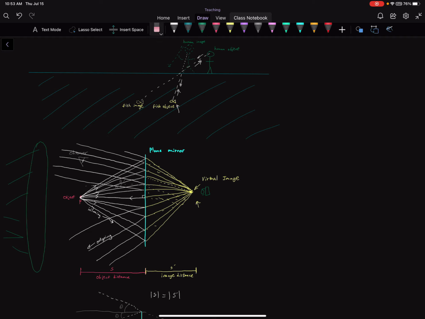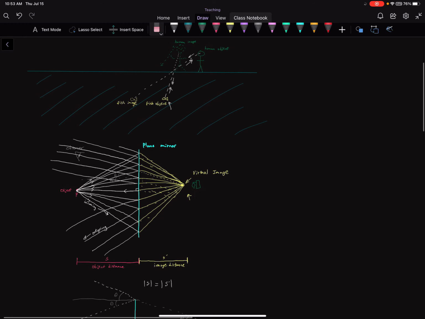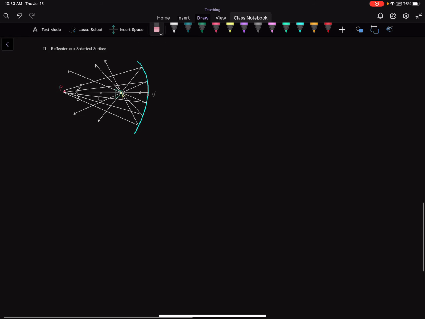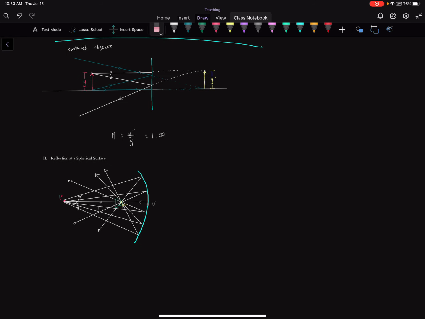But if you're just talking about putting a light-sensitive detector at the image point, you can't do that with a virtual image. You can only do that with a real image. So that's the usefulness of real images. You don't have to have all those fancy optics with ginormous lenses to reconverge all the diverging rays and whatnot.